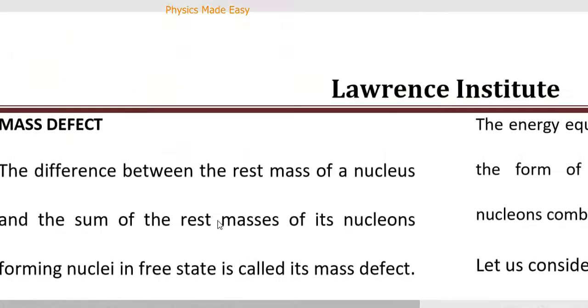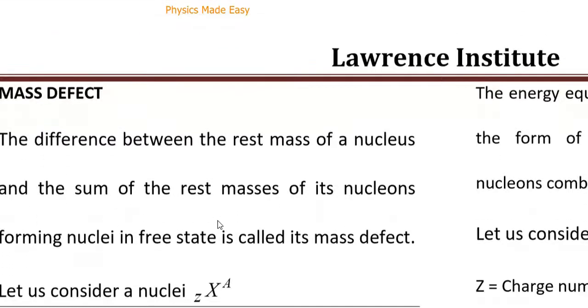And now, mass defect. This is a very important concept from the examination point of view. In all the three examinations, whether it is NEET, JEE Main or your board examination, the concept of mass defect is very important. What is mass defect?